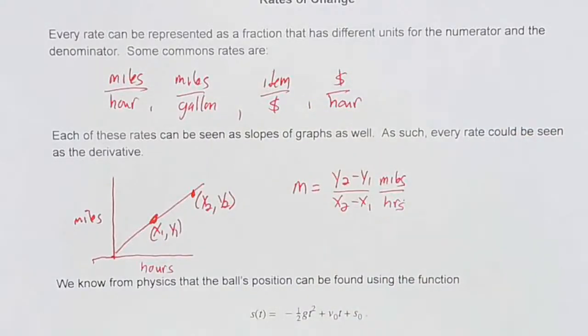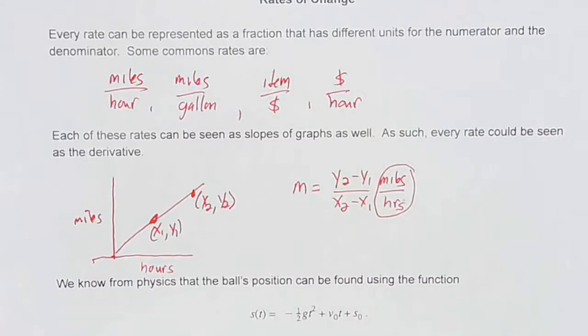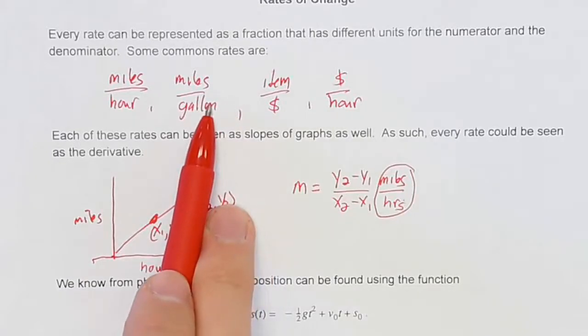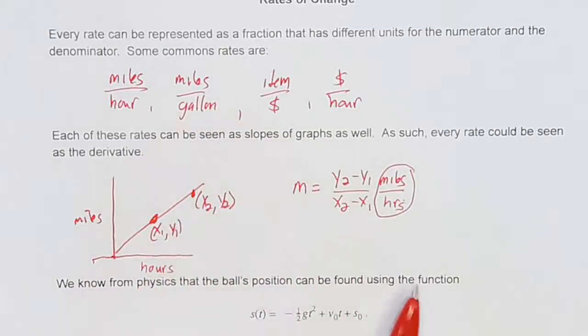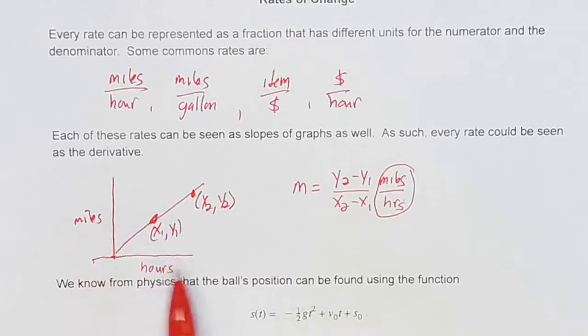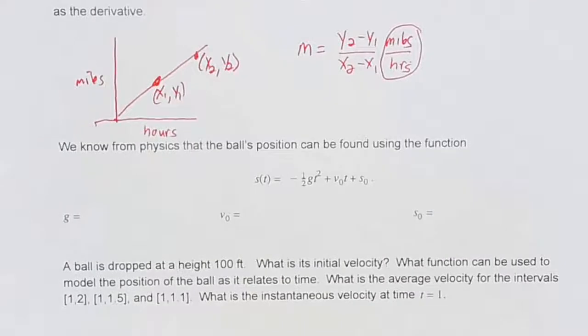So my slope here is a speed, miles per hour. So when we have rates, really we can think of them as slopes of graphs. This whole idea is the change in this over the change in this. So let's put this into practice.